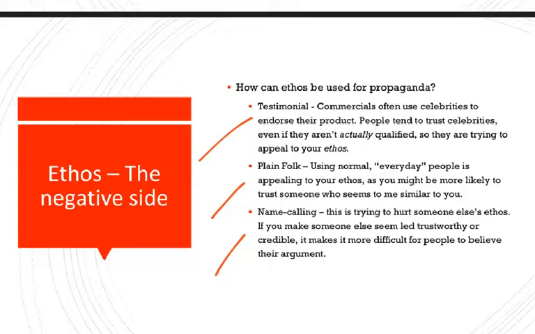Suddenly, we don't see that person as reliable and trustworthy. So we see how ethos can very much be used negatively, used in different types of propaganda, by making a commercial or making any argument really seem more, or in some cases less, trustworthy.